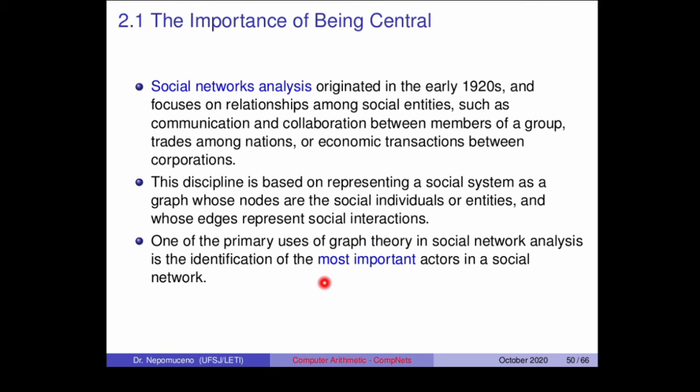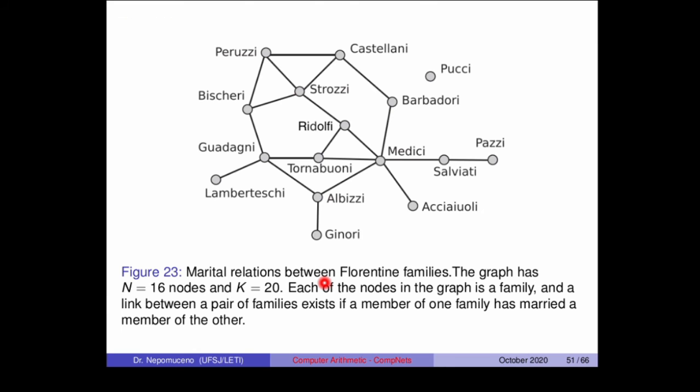One of the primary uses of graph theory in social network analysis is the identification of the most important actors in a social network. So, for example, I have here some marital relations between Florentine families. The graph has 16 nodes and 28 edges.